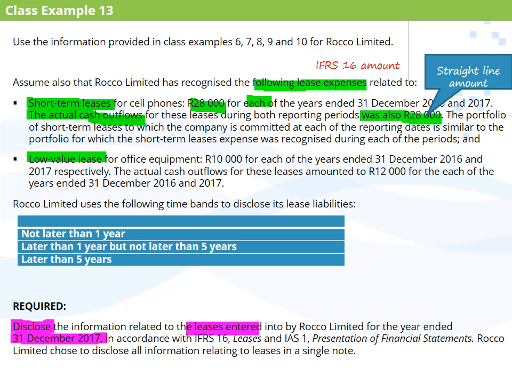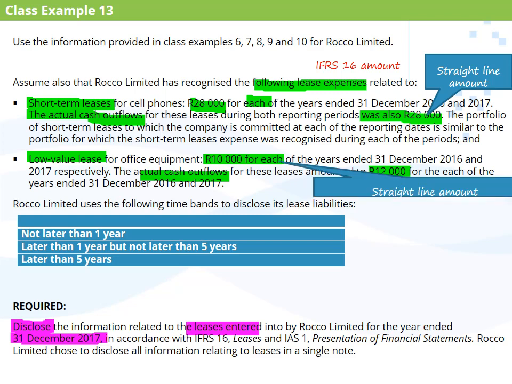Okay, so for this office equipment, the lease expenses recognized was 10,000 Rand for each of the years, and we are told that the actual cash flows were 12,000 Rand. So remember, the straight line method ensures that the lease expense is equal over the lease term, and any over or underpayments are taken to the statement of financial position.